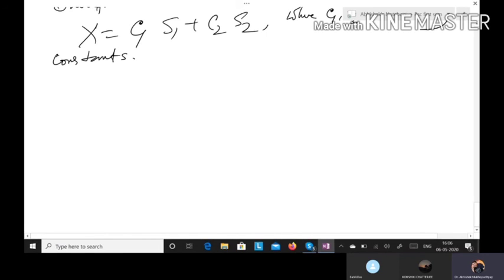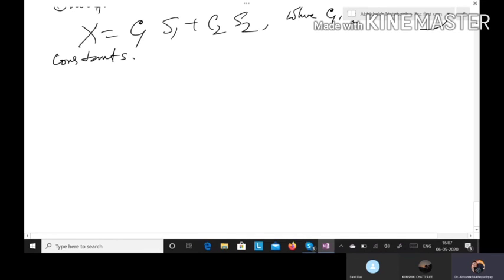So we have to prove the uniqueness theorem for the linear system x dot equal to Ax with the initial value at 0 is x0.